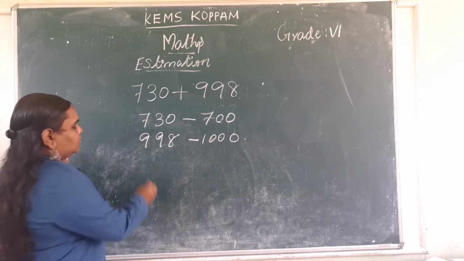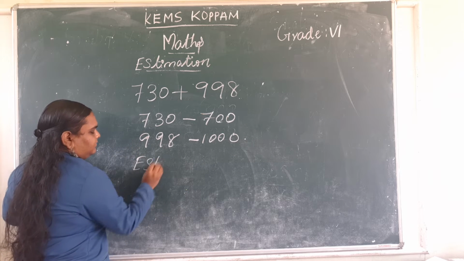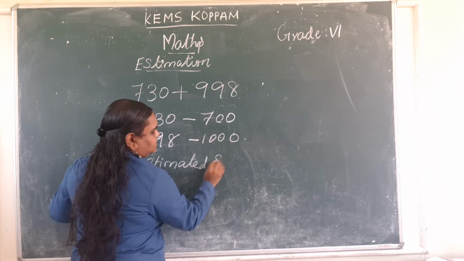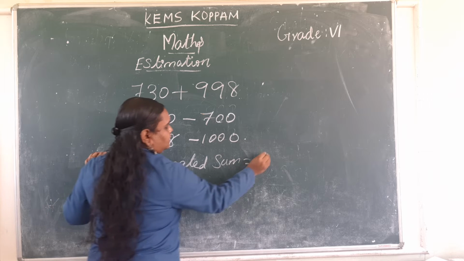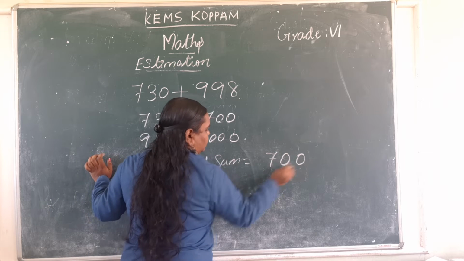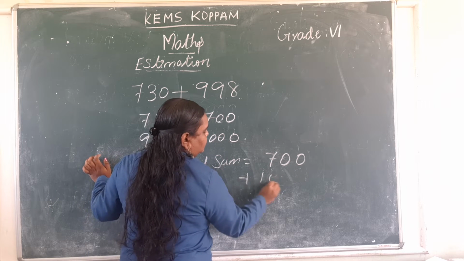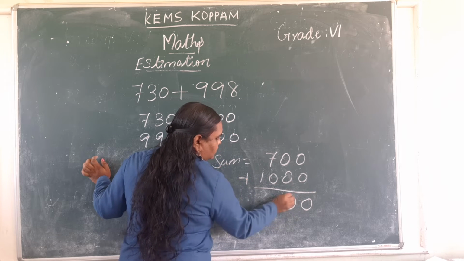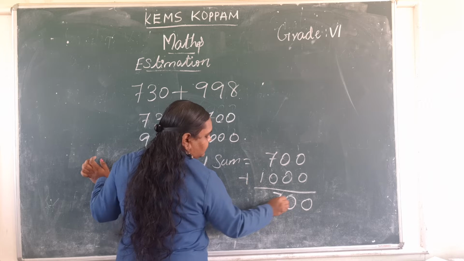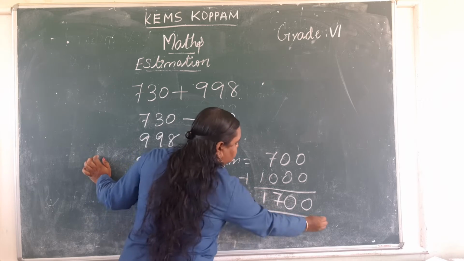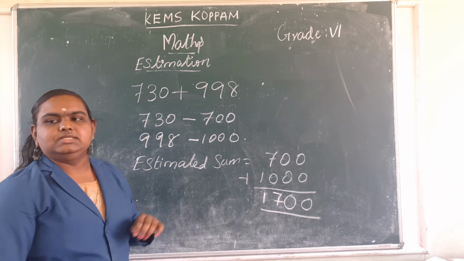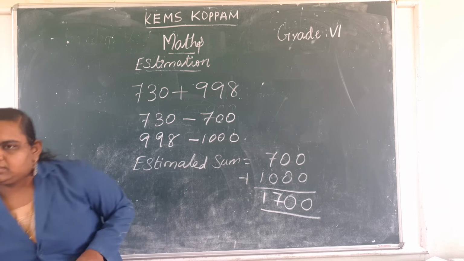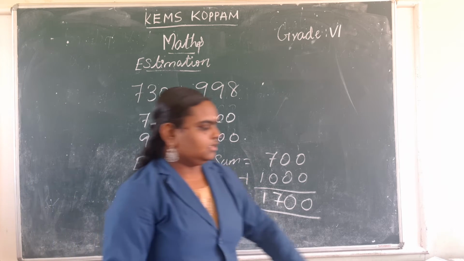So the estimated sum is equal to 700 plus 1,000. While adding, 0, 7 plus 0 is equal to 7, then 1. So the answer is 1,700. Is it clear now? Yes. Okay.